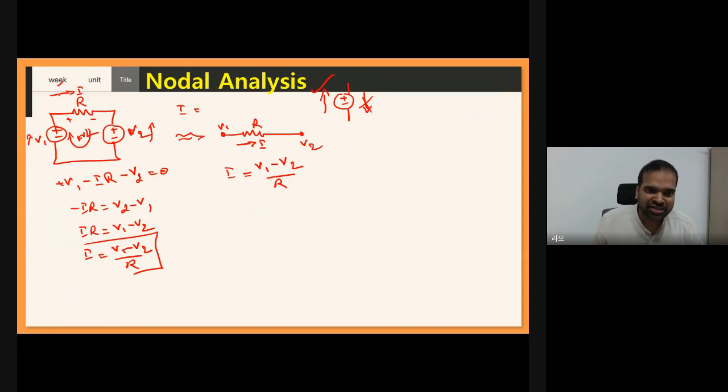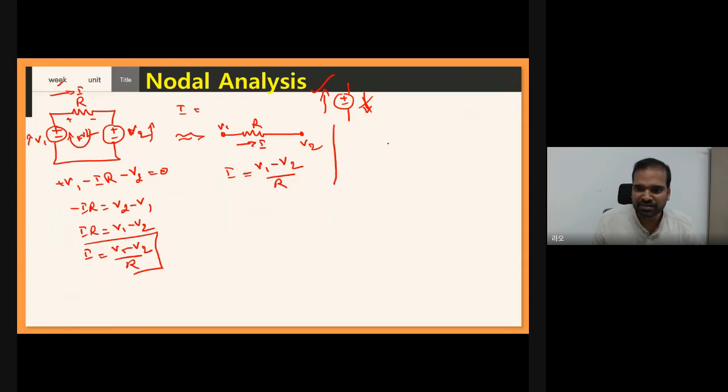What is your assumed current direction? Left to right. As for voltage source V1, its current direction is the same as your assumed direction. Therefore V1 is plus. Your assumed current direction is opposite to the V2 voltage source direction. Therefore this is minus V2. I hope you understand how to write I equals (V1 minus V2) by R.